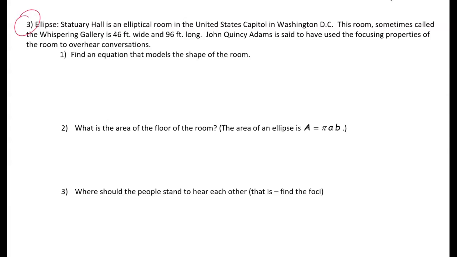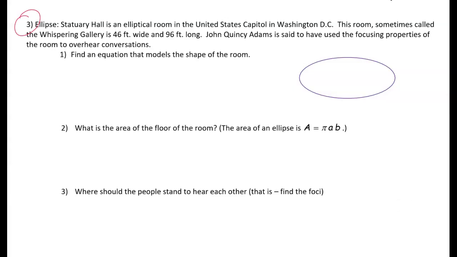Now, in general, if it's talking about something that has a width and a length, it's assuming that your length is on the horizontal and your width is vertical. This is how Math Excel always assumes it. If it gives you a length and a width, the length is horizontal and the width is vertical.